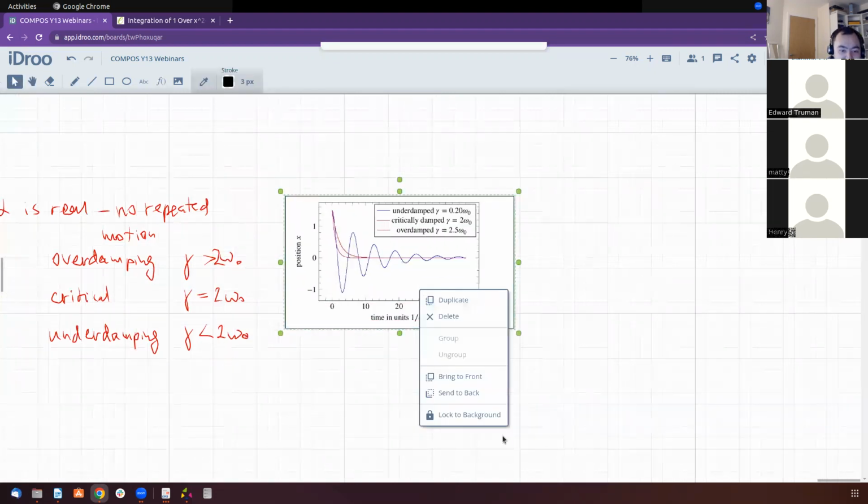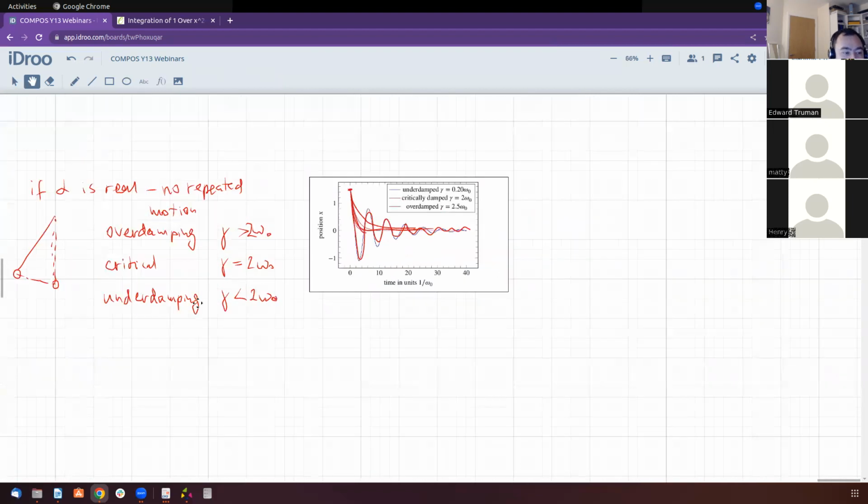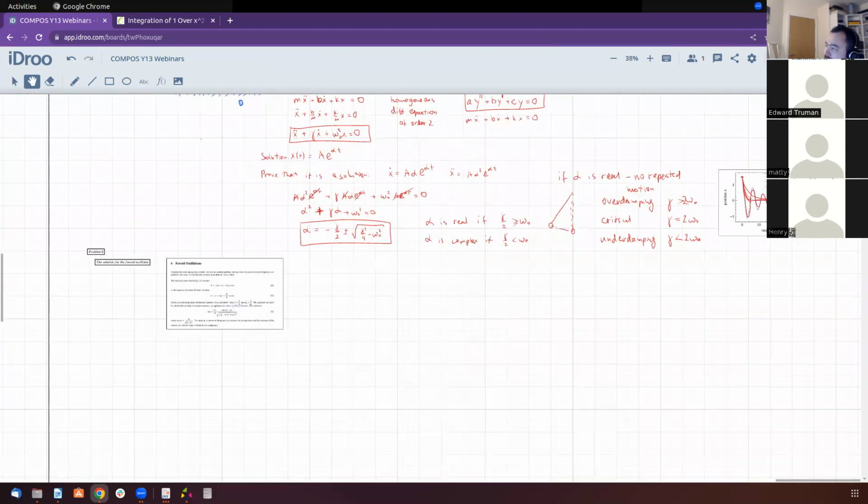So you displace the pendulum from some initial position, and if it's underdamped, it goes like this and slowly dies out. If it's critical damping, it goes like this. It quickly goes back to the original position. And if it's overdamped, it just takes more time. Okay. Make sense? How well do you understand what's happening here?